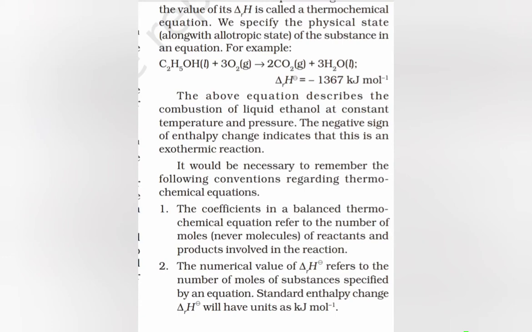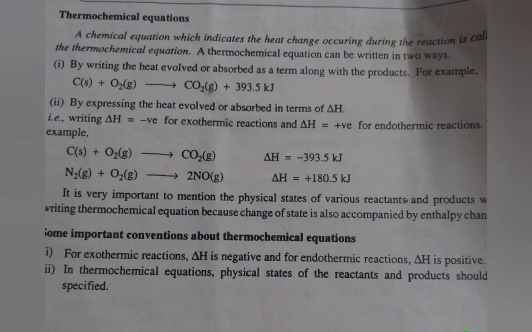Or else, it can be written in terms of delta H value, by expressing the heat evolved or absorbed in terms of delta H. For example, you can see the equation carbon plus oxygen gives carbon dioxide gas plus 393.5 kilojoules. As it's an exothermic process, 393.5 kilojoules of energy will be liberated.